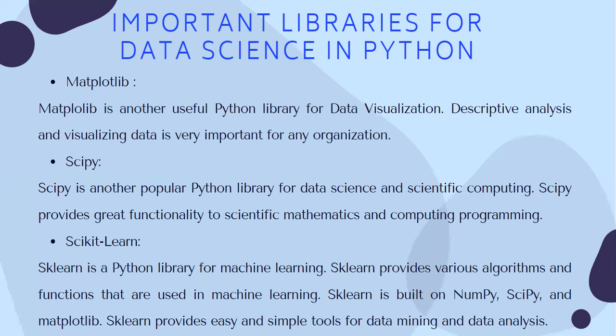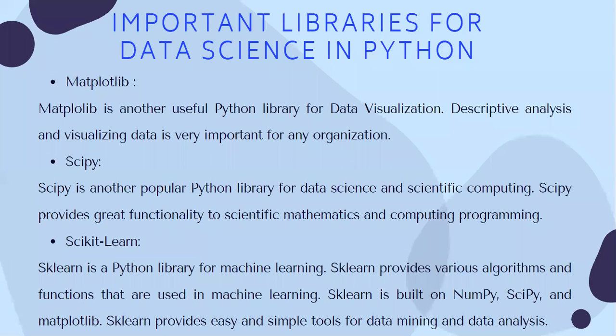Scikit-learn. So now we talk about Scikit-learn. Scikit-learn is a Python library for machine learning, and it provides various algorithms and functions that are used in machine learning. Scikit-learn is built on NumPy, SciPy, and Matplotlib. It is a combination of NumPy, SciPy, and Matplotlib, and that is why it is really good to do machine learning with Scikit-learn, because it is less typing, as mentioned, because of the efficient code and the syntax.